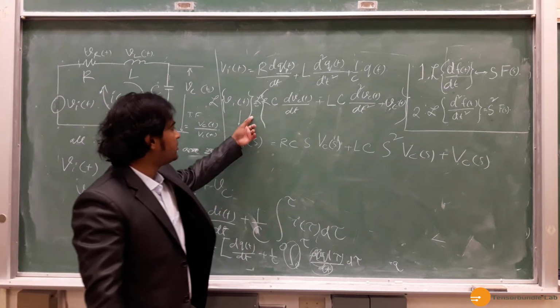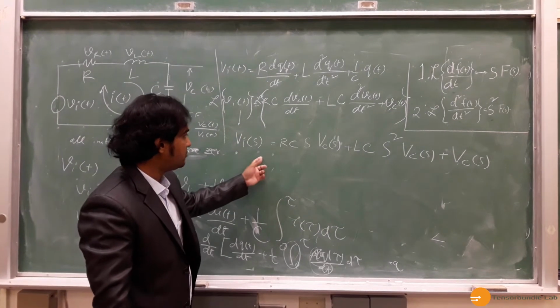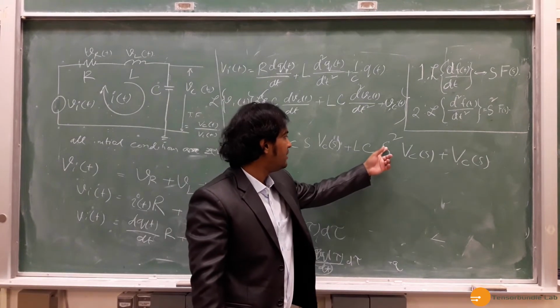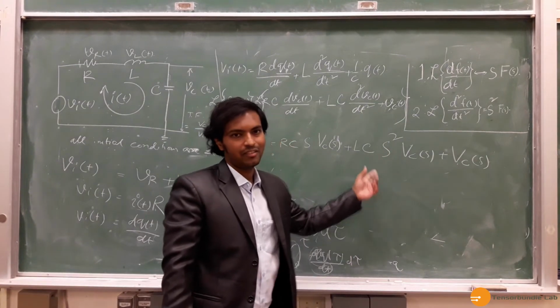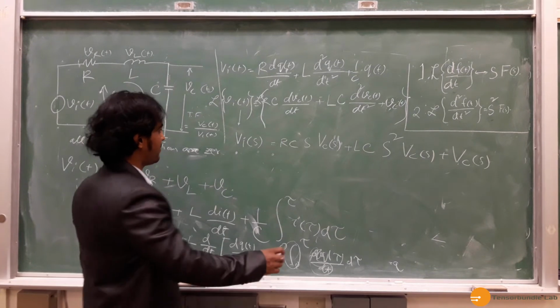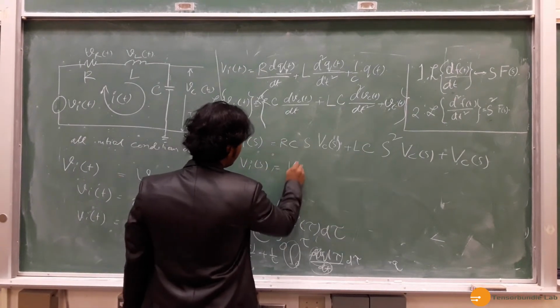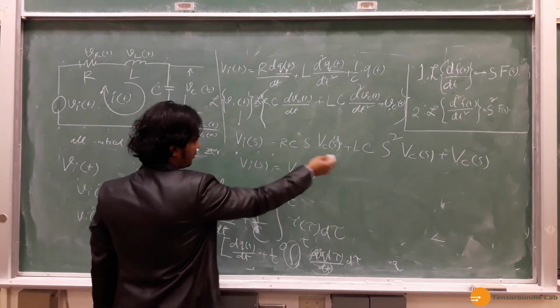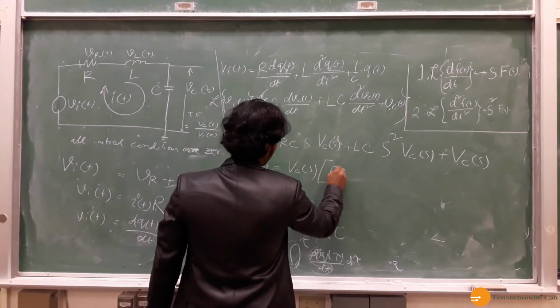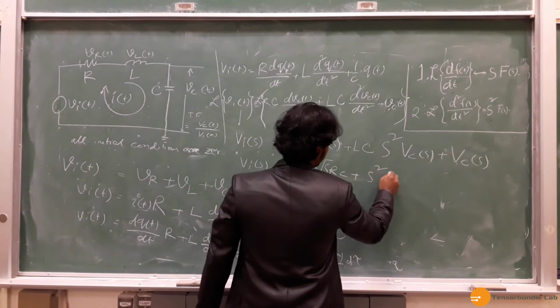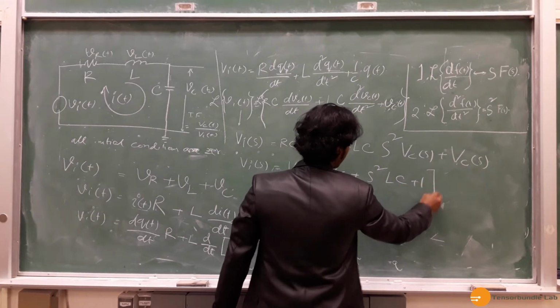So the differential equation has been converted into a simple algebraic equation in terms of variable S. Now it's very easy to deal with. V i of S equals V c of S, taking V c common because it's common in all terms, times R C S plus S squared L C plus 1.